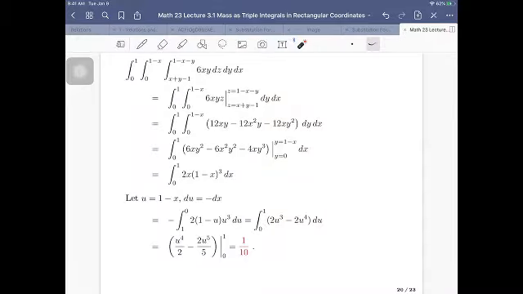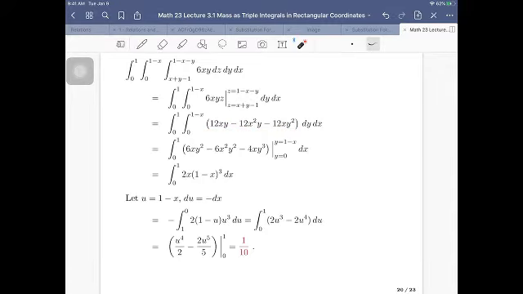So you do the evaluation here. Let's try this step by step. So 6xy with respect to z. What is the integral of this? The integral of that is 6xyz, because this is a constant with respect to z. So this is the integral, and then you evaluate this over these limits of integration. And when you do that, you get this kind of nasty polynomial over here.